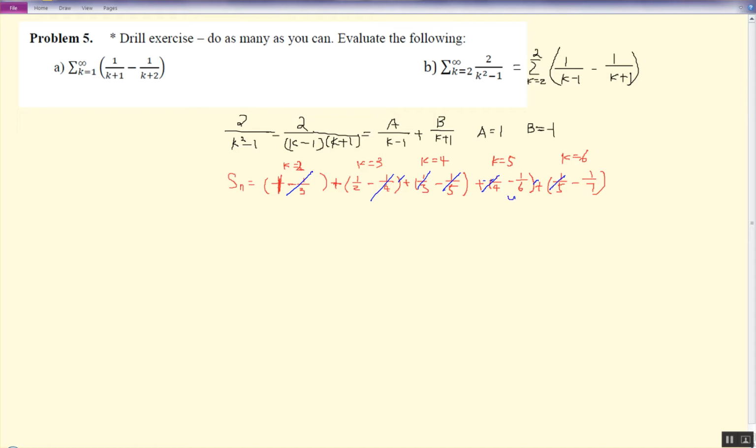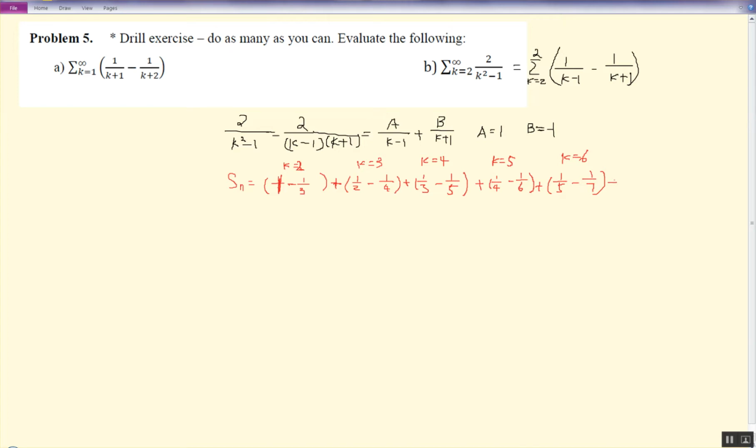Which terms stay? The last two terms of the second part and the first two terms of the first part stay. That's consistent with what we observed when we stopped at k equals 5.